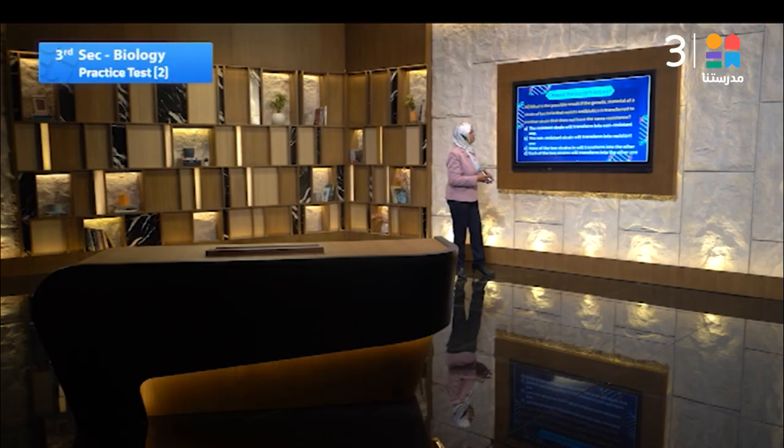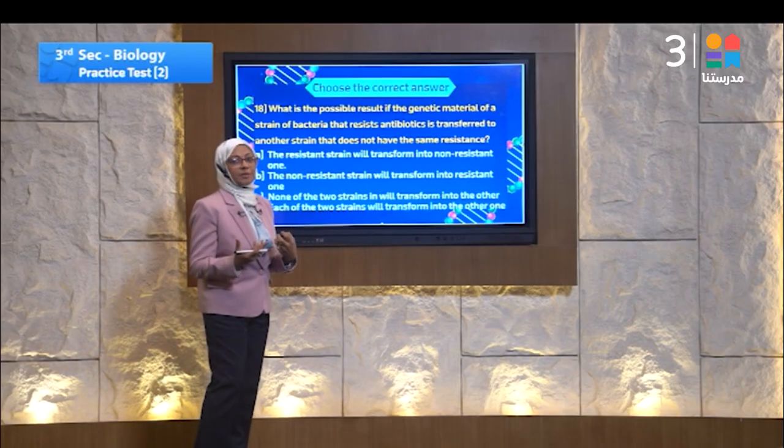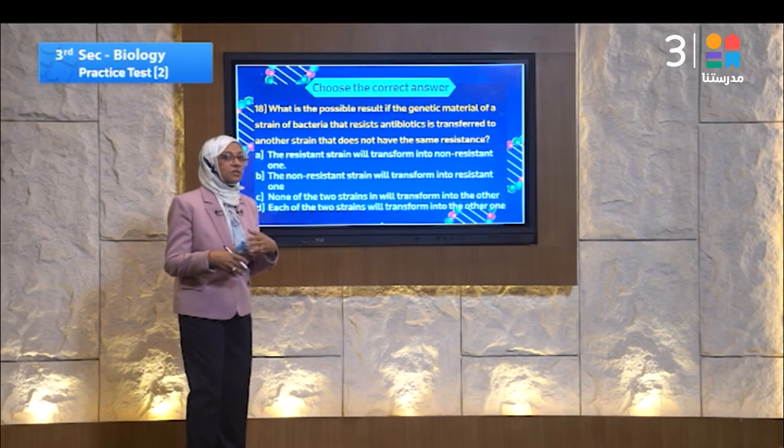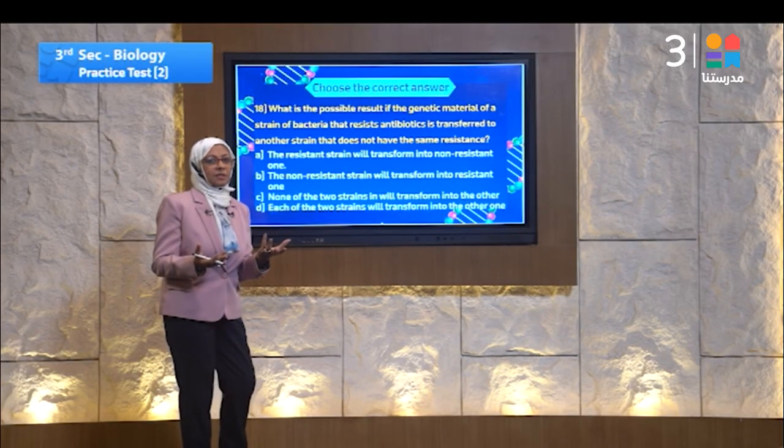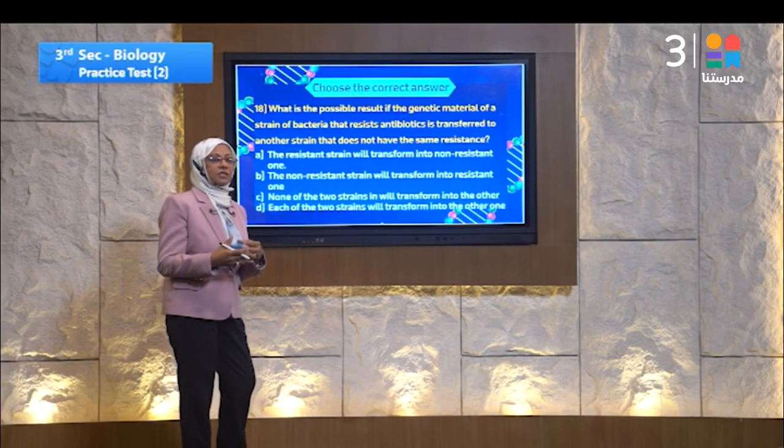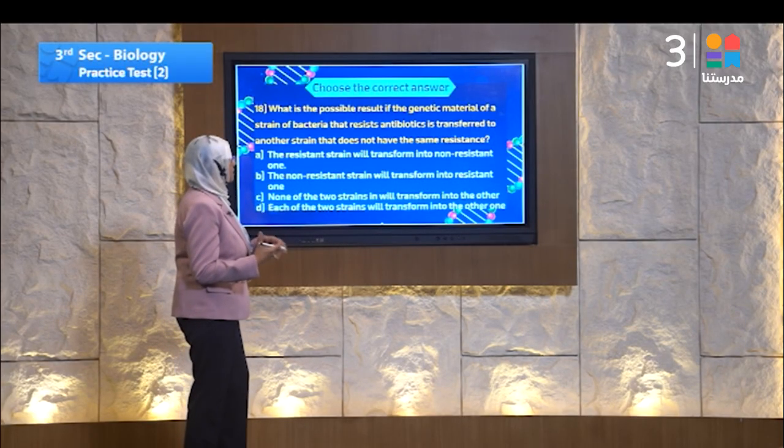Let's speak about the question. The question speaks about two strains of bacteria. One of them has resistance to antibiotic and the other has no resistance to antibiotic. How do they connect to each other?